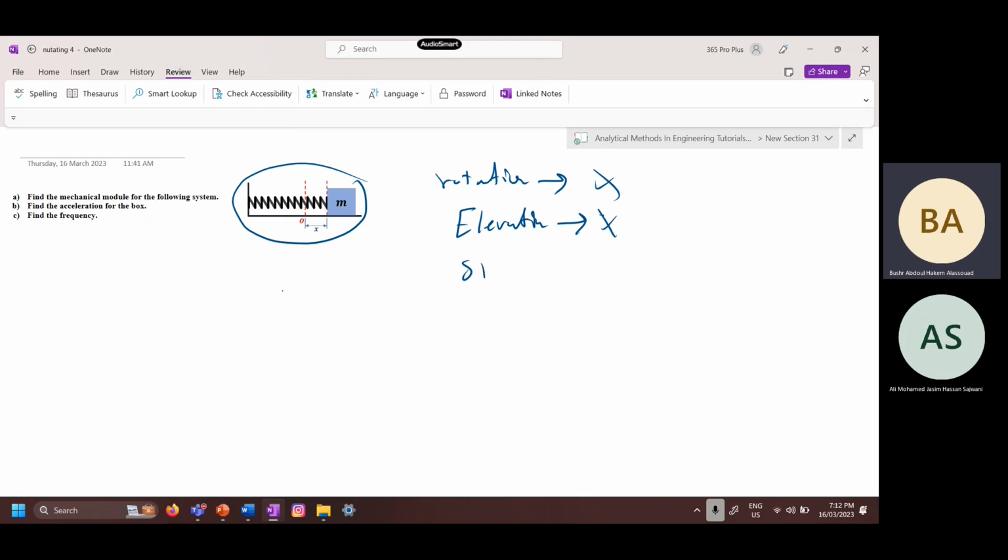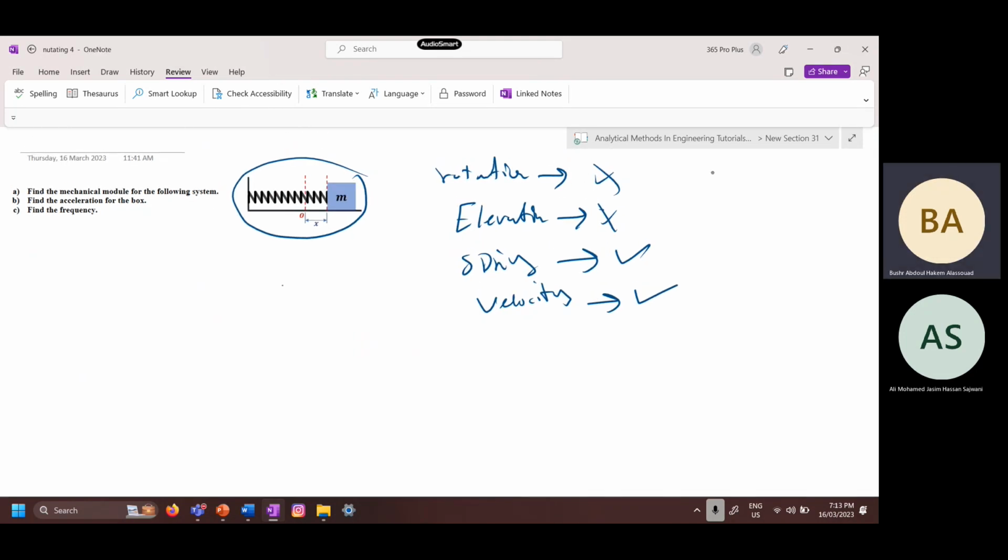What do we have here? We have a spring. And we have a velocity. Based on this information that you found, you need to obtain a differential equation or a mechanical module. Then you can obtain a differential equation or whatever you want.